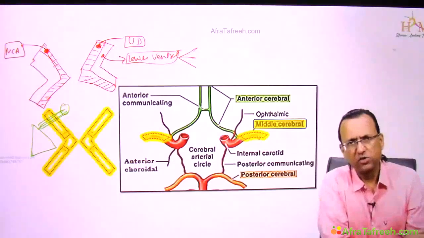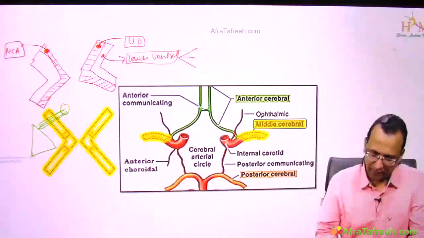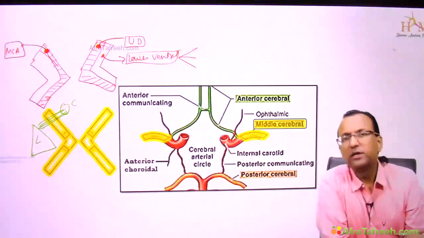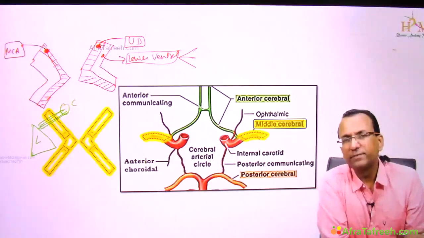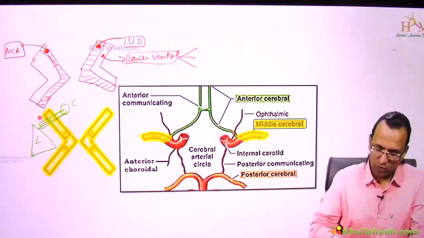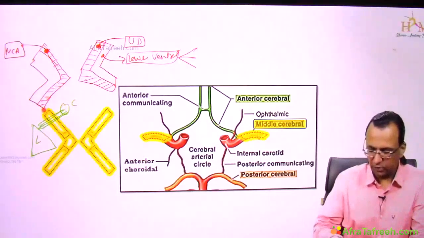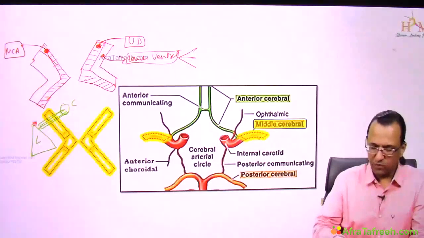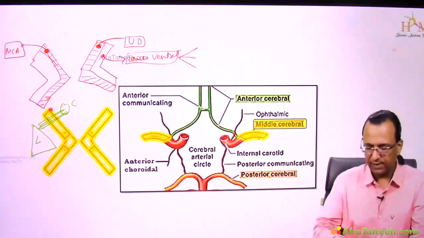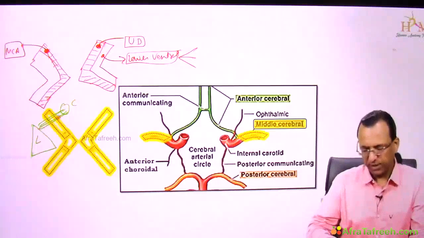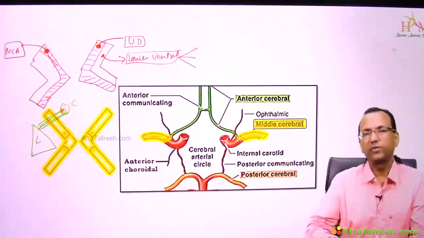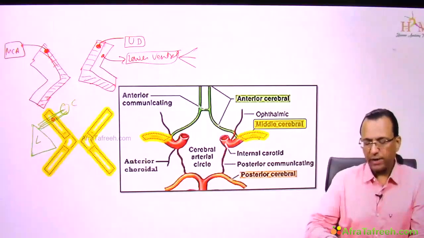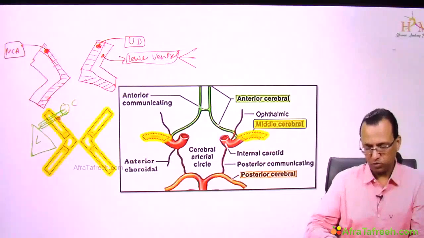This is the lentiform nucleus, lateral to the internal capsule, and this is the caudate. Caudate and putamen together make the striatum.